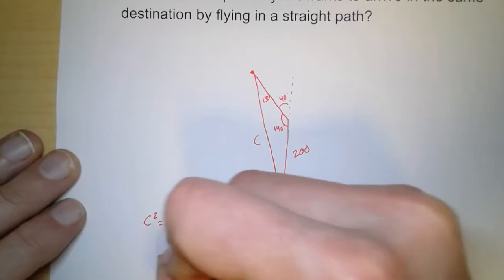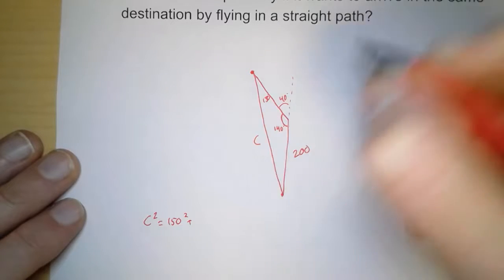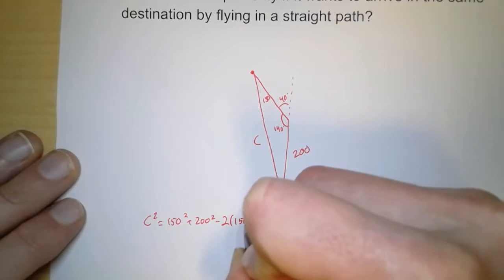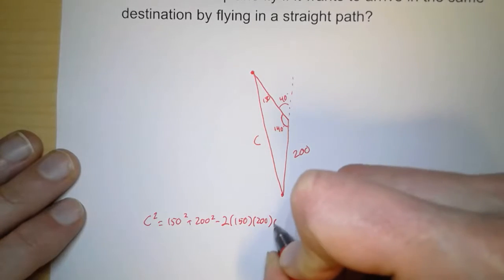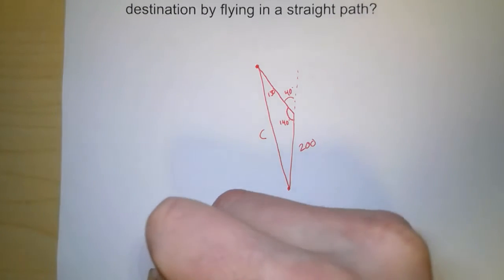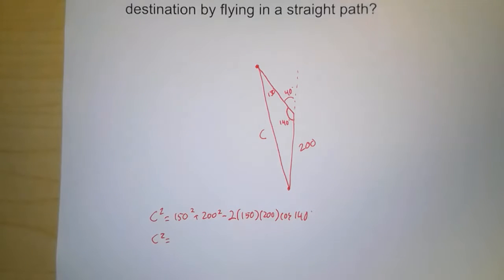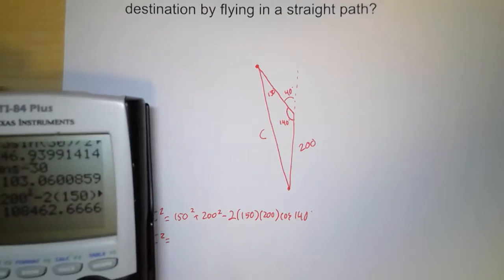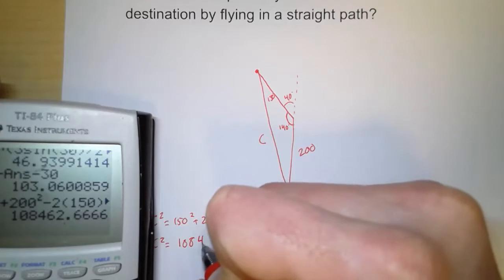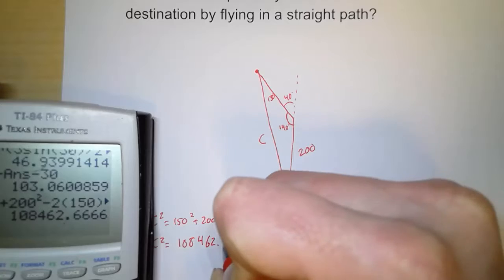So C squared equals 150 squared plus 200 squared minus 2 times 150 times 200 times cosine of 140. Now those numbers are quite large, so I'll just type the entire thing into my calculator. And so what we get for C squared, quite a large number, is 108,462.6 repeating.